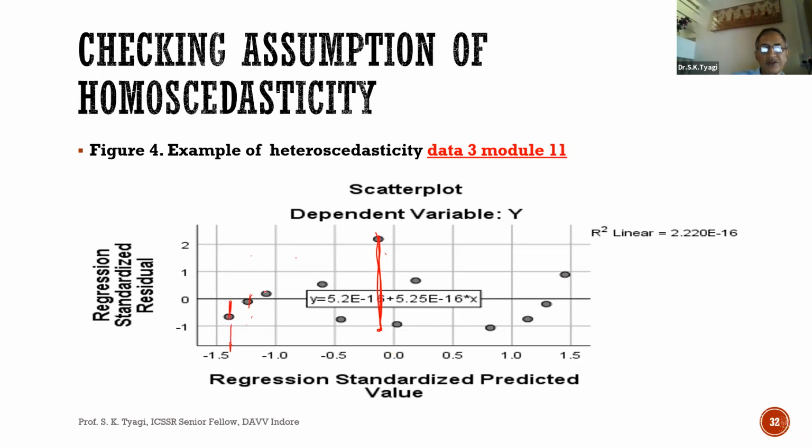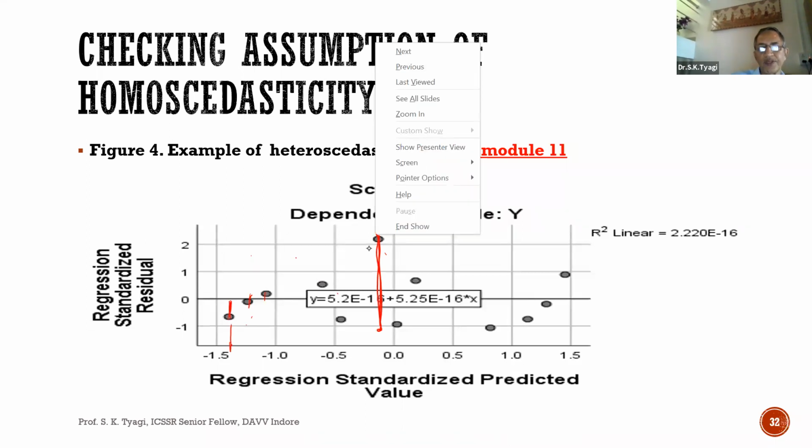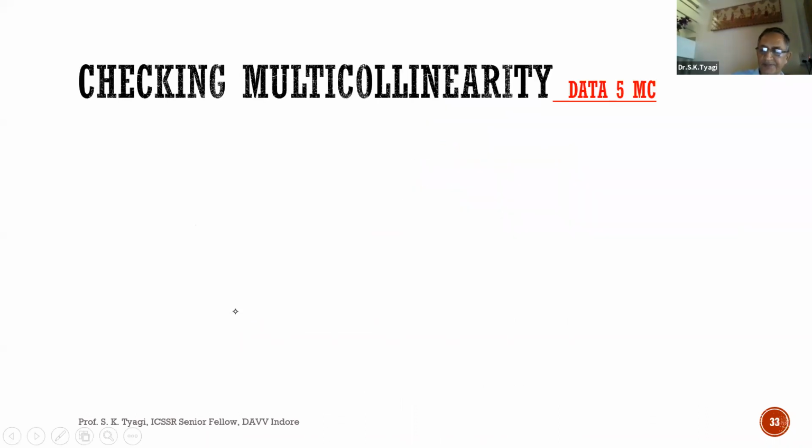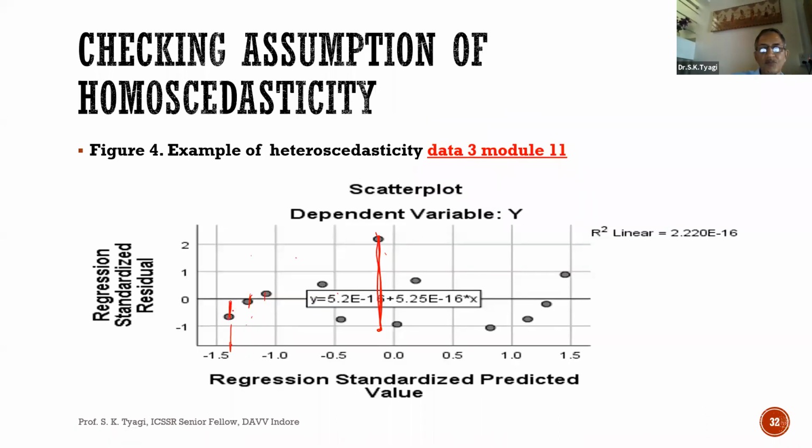So the points above the line and points below the line should be almost equidistant. So there is a problem. Also, it looks like the data are arranged like this. Therefore, there is heteroscedasticity, or the variance varies.